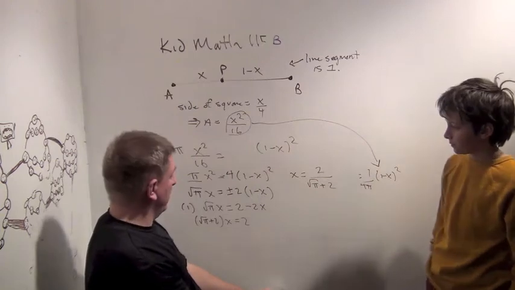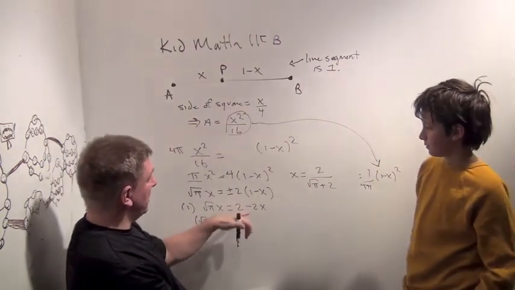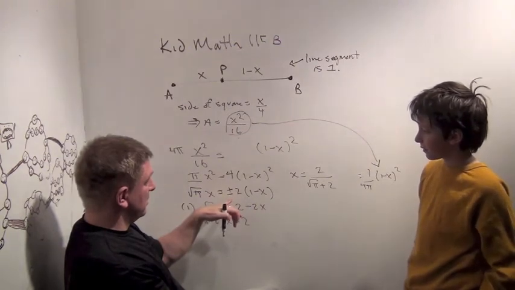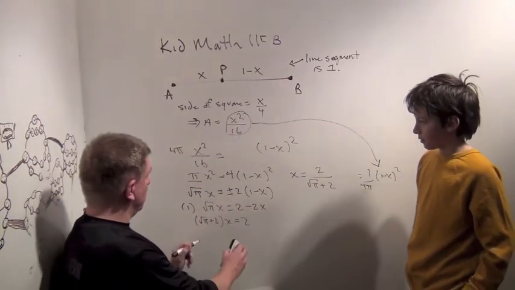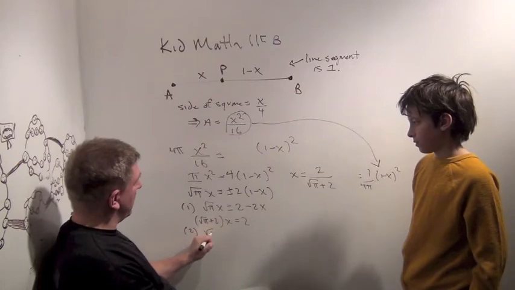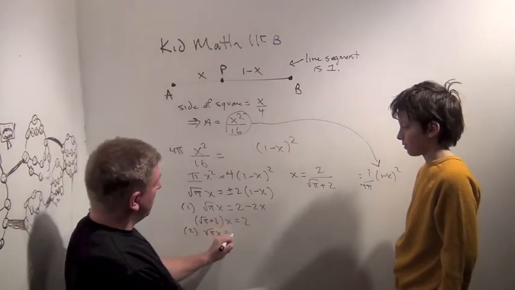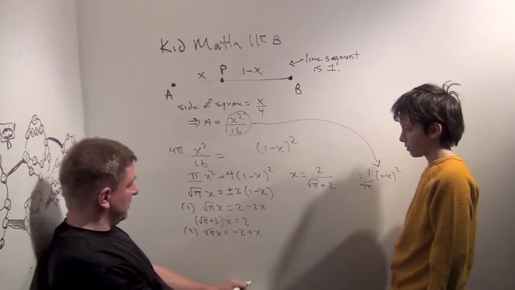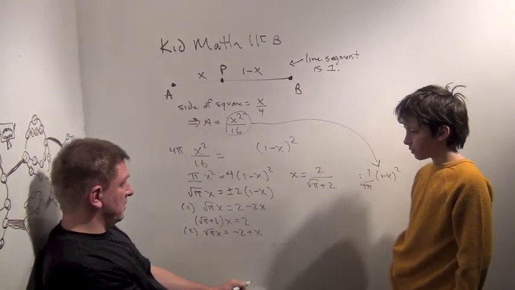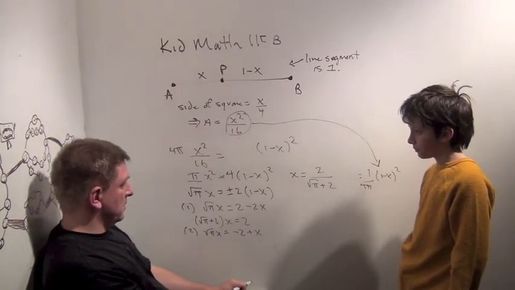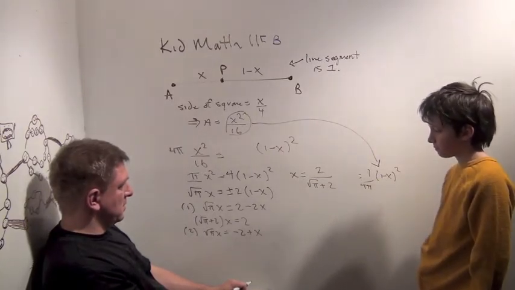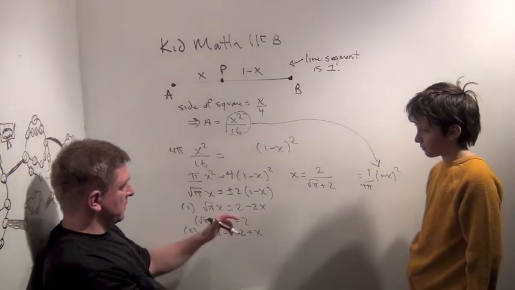Okay. Now my other solution, you can see I'm going to have a minus here. So solution 2 says square root of pi times x equals minus 2 plus x. Did I get that right?